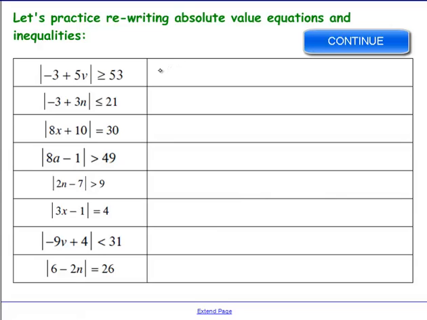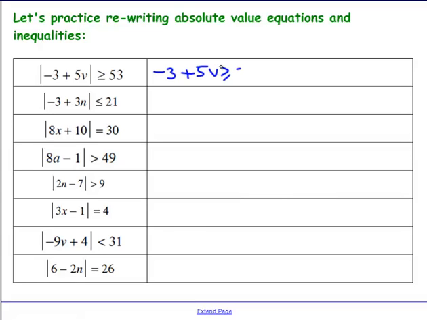Okay, so the first one is going to be an OR problem, because distance has to be more than 53. So it's going to be negative 3 plus 5v being greater than or equal to 53, or negative 3 plus 5v being less than or equal to negative 53.